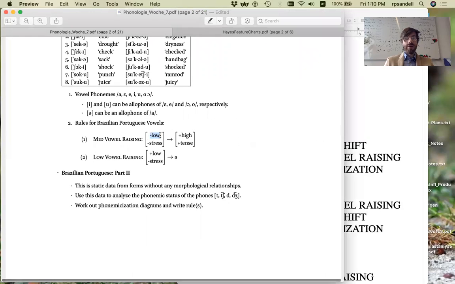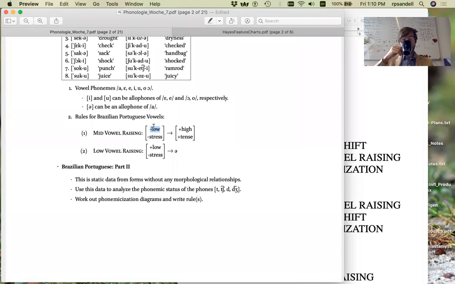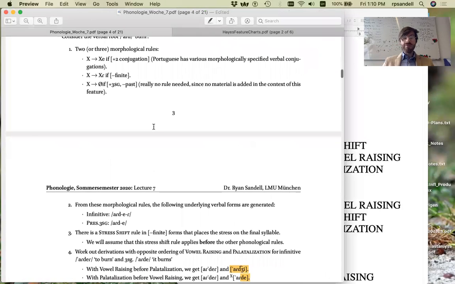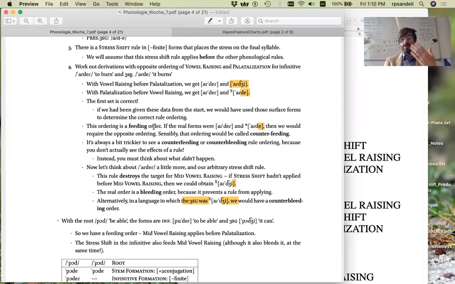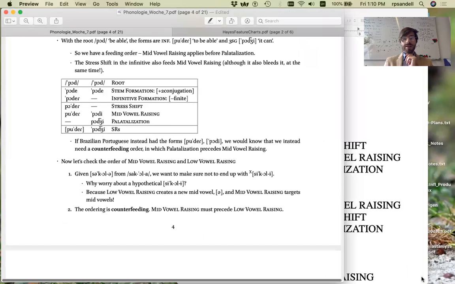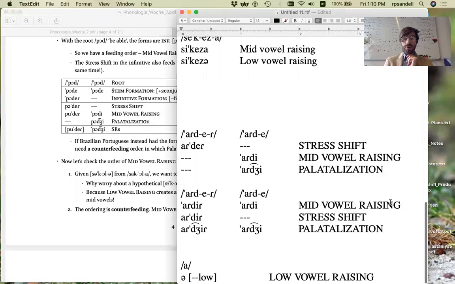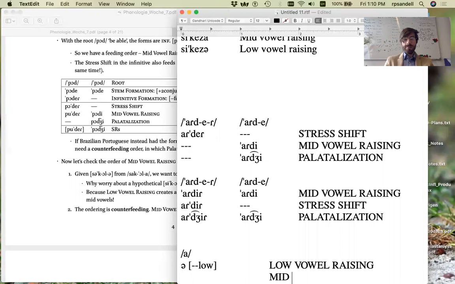But minus low vowels precisely constitute the input to the process of mid-vowel raising. So if mid-vowels become high vowels, and now low vowels become mid vowels, then low vowel raising could potentially feed mid-vowel raising.